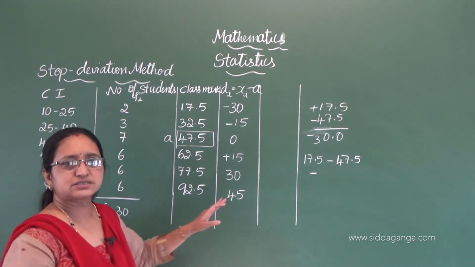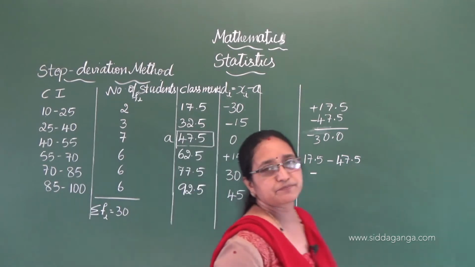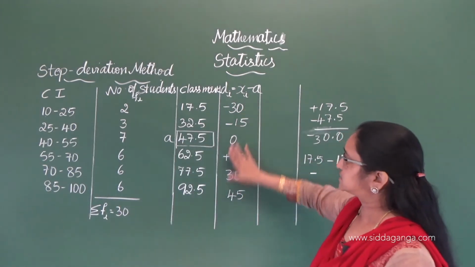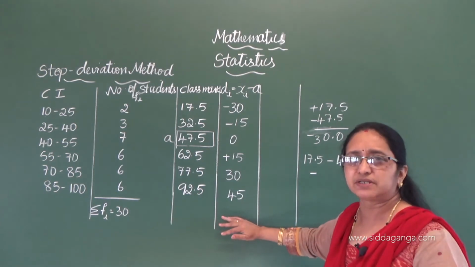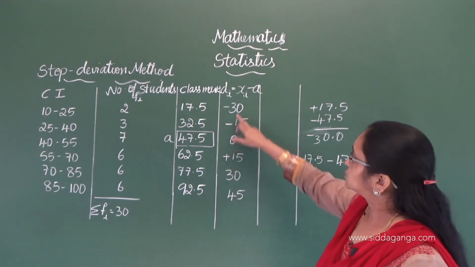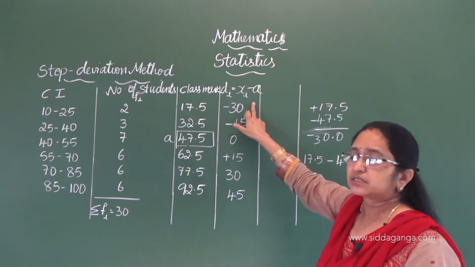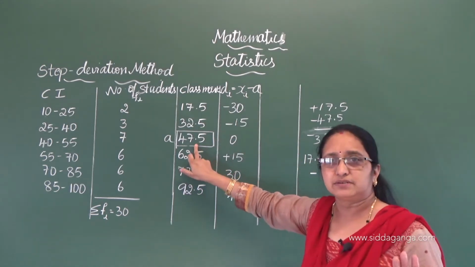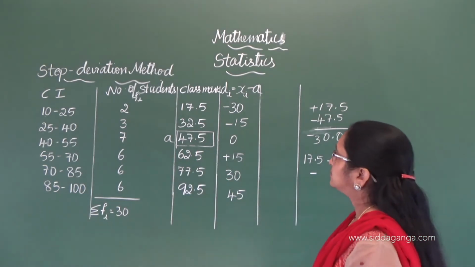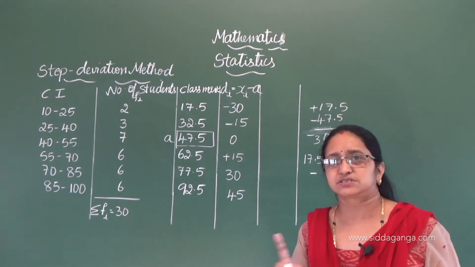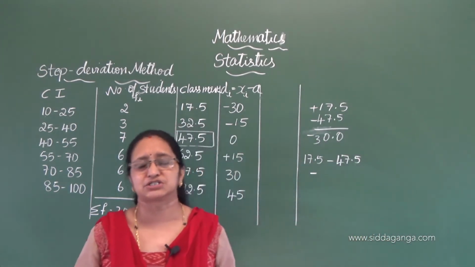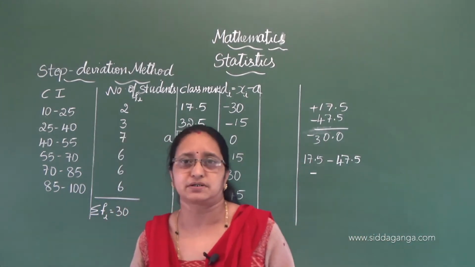Until this point all the steps are the same. You learnt this in the assumed mean method also. Di, the deviation, we found as xi minus A, where A is the assumed mean. Now we can make the calculation simpler.